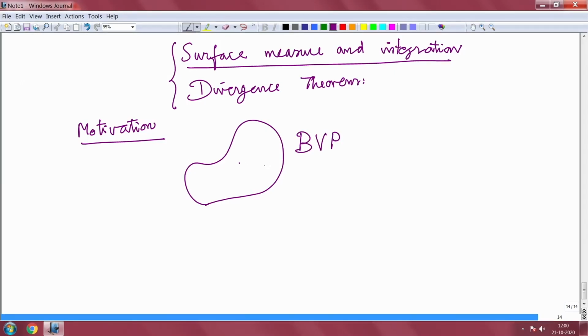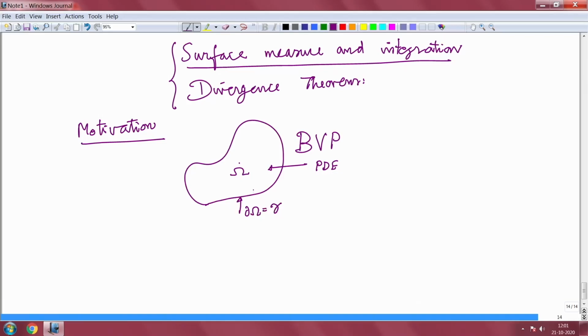So, you will have a PDE here, and you will have a boundary. If this is omega, the boundary is normally denoted by d omega, and sometimes you can denote it by gamma.